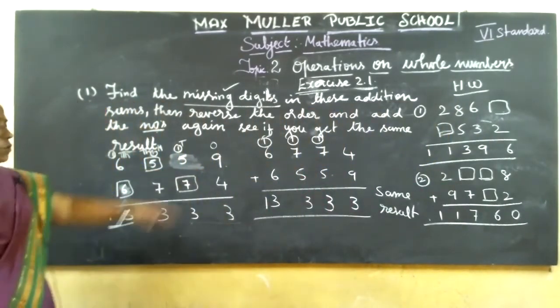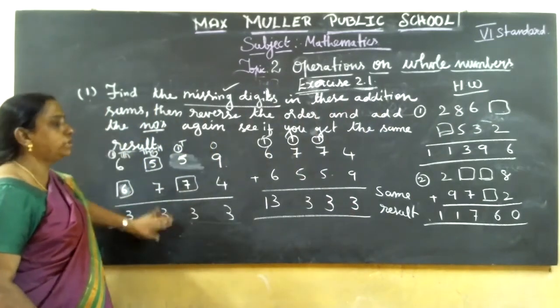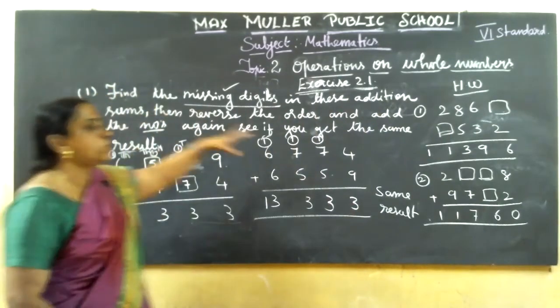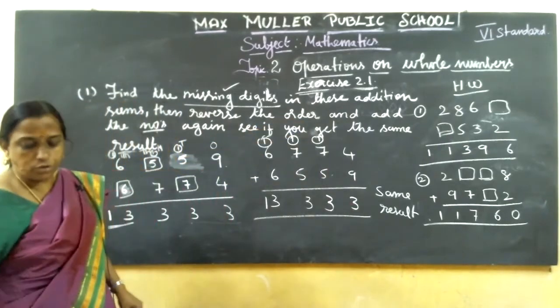I'll give 2 minutes' time, copy in assignment. Notes you will get, no need to copy this. You copy this heading and copy those 2 questions in the assignment book.